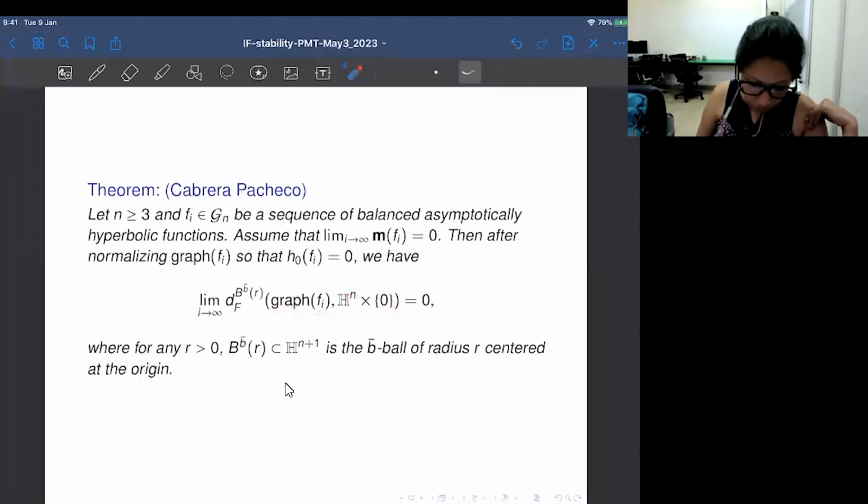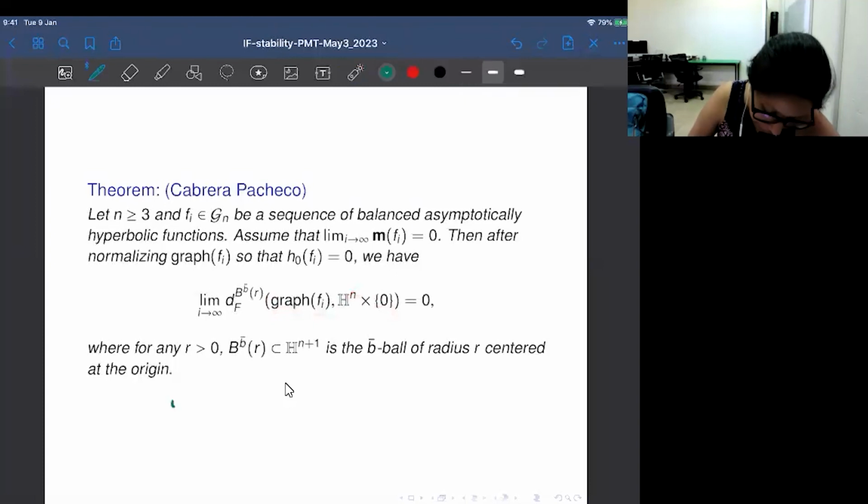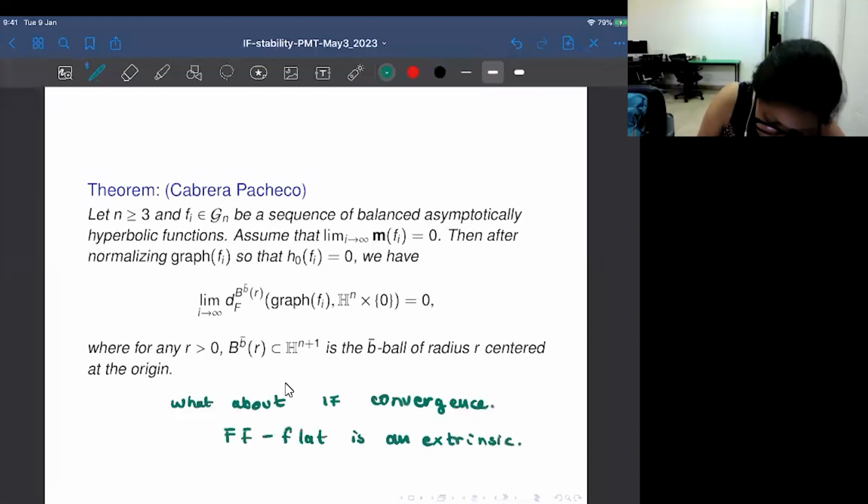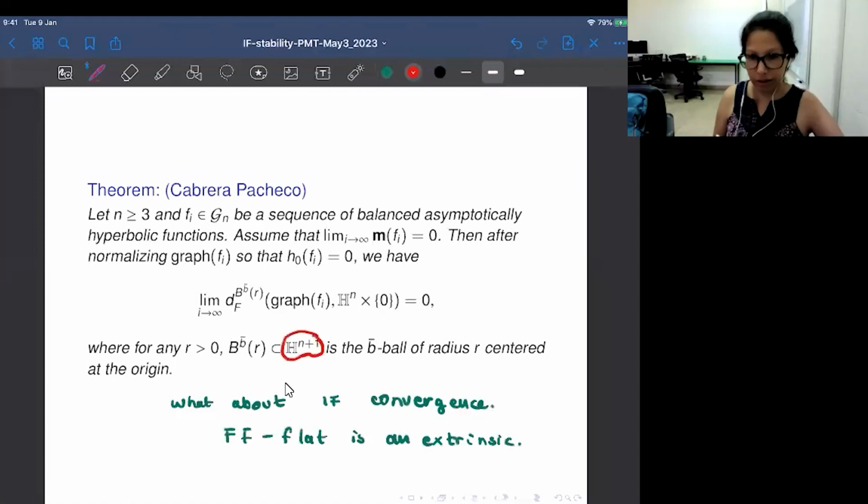Okay, and once we have this stability result, one wonders, what about using intrinsic flat convergence? And one thing that I would like to mention is that Federer-Fleming flat distance is an extrinsic distance. So here it really mattered that we were in Hn+1, as was pointed out by Misha Gromov.